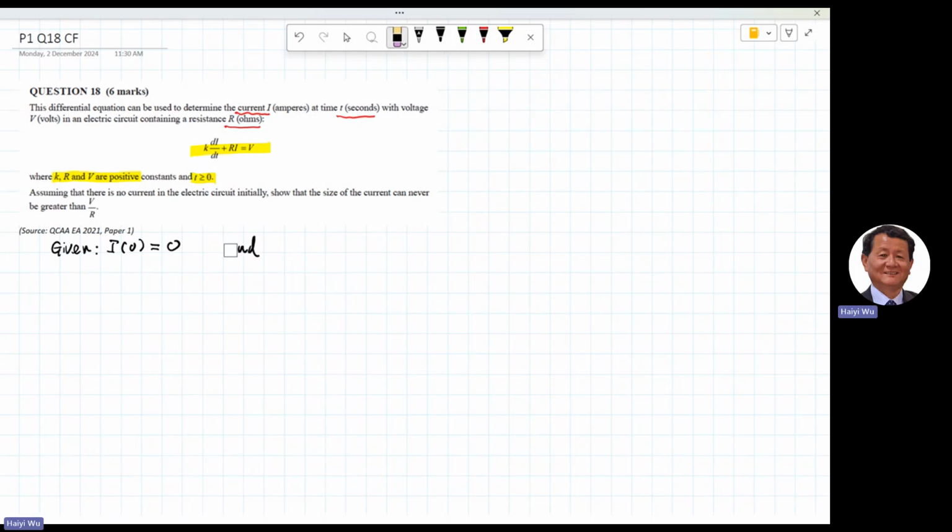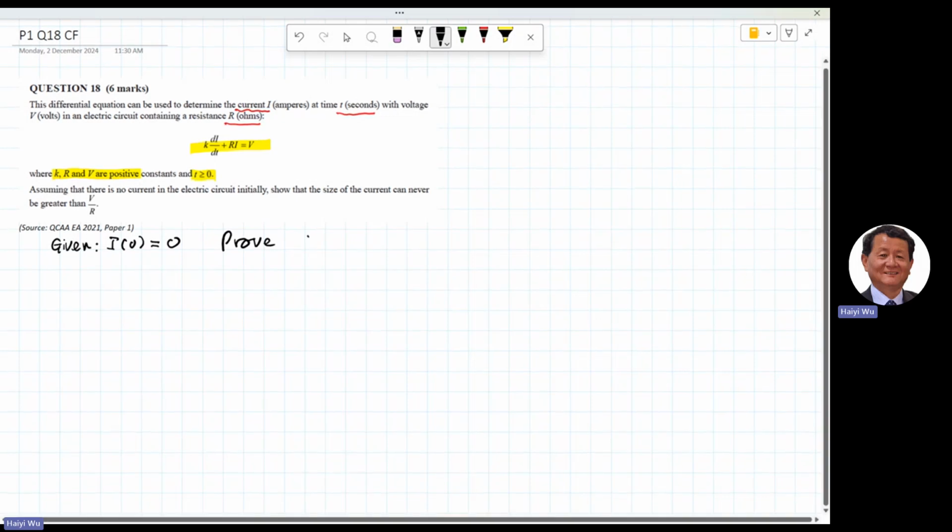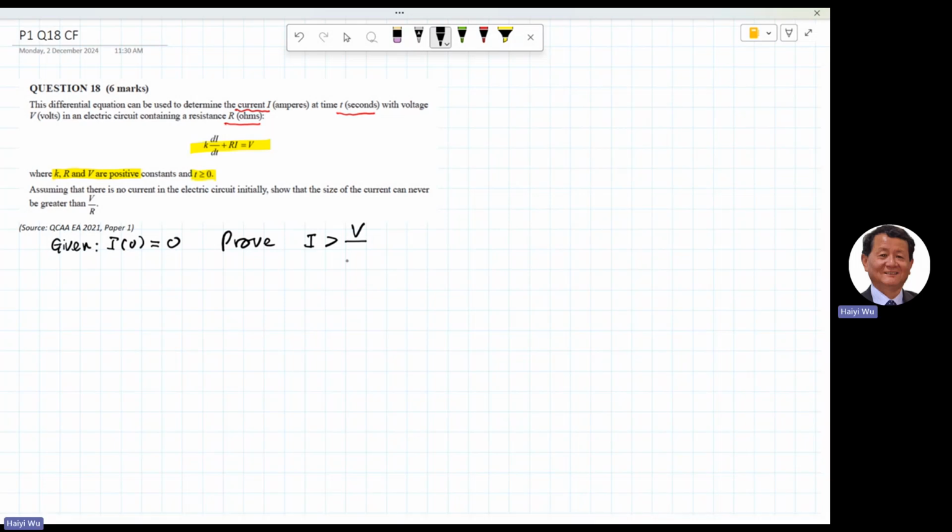We need to prove, "show" means to prove, that the size of the current I is never greater than, so it means less than, V divided by R. That's my goal to achieve. All right, so let's start to prove that.